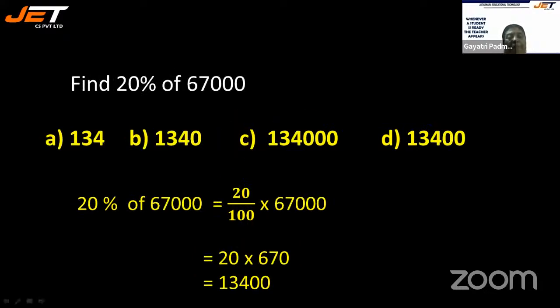All right. Yes, see the next one. What is 20% of 67,000? So 20% is nothing but 20 by 100 into 67,000. So when zeros get cancelled, you get 670 into 20, which is 13,400. All right. So if you have got 13,400 as your answer, then your answer is perfect.